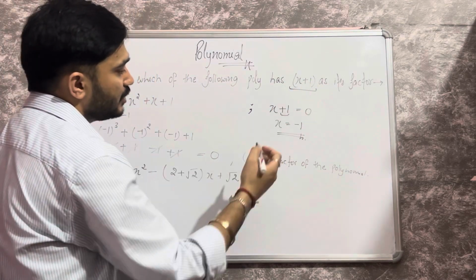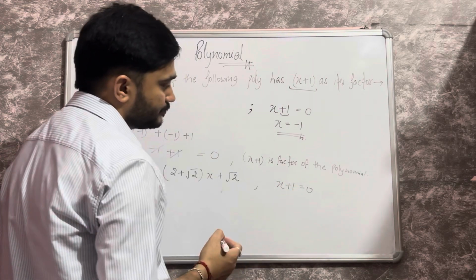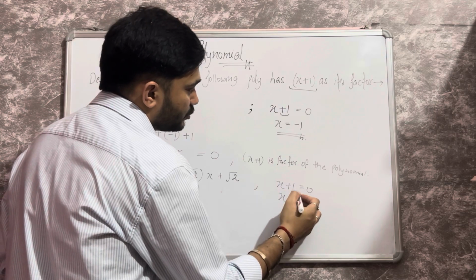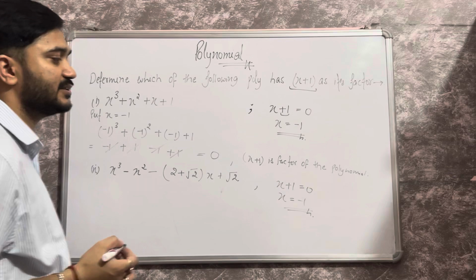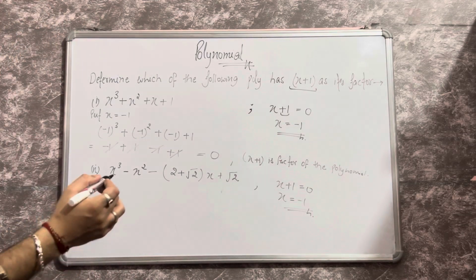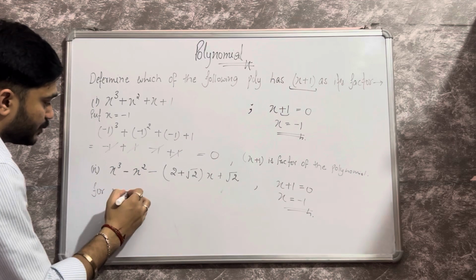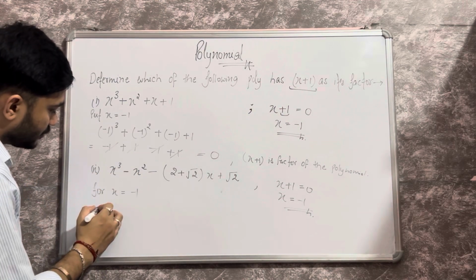Just take the factor. The factor given to us here is x plus 1 equal to 0. Now find the value of x: the plus 1 goes to the right hand side and you get x equal to minus 1. Now put the value of x in the expression, that is x equal to minus 1.